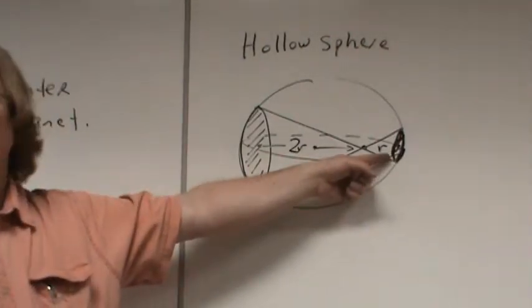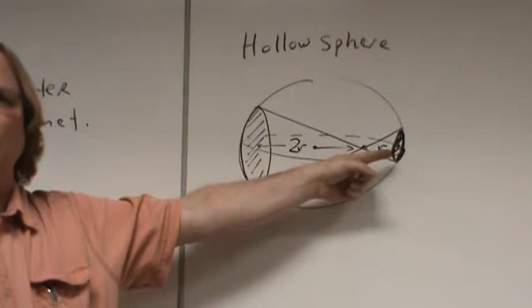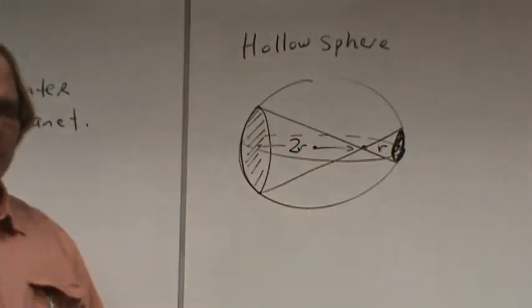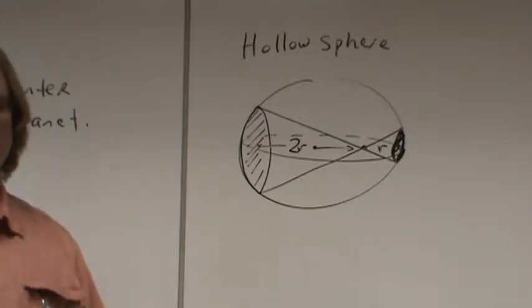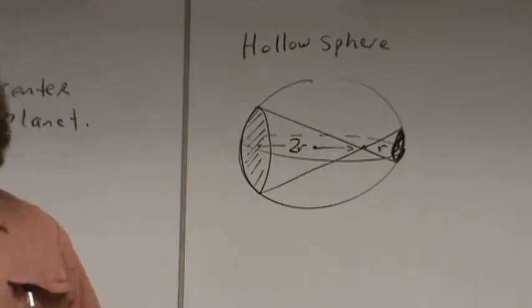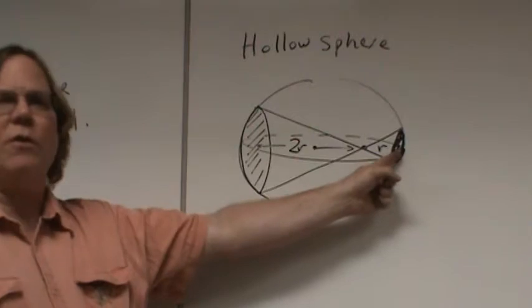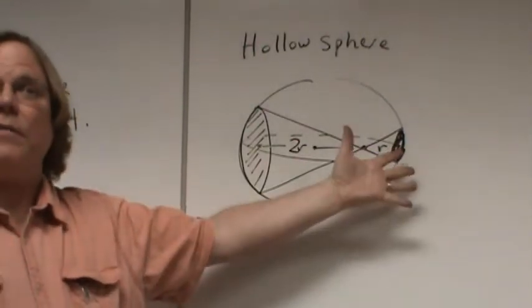This is half the distance, which means by what factor will it exert more force? Inverse square law. How many times? Twice as much? No, because it's inverse square law. Thank you, 4 times as much. So this is going to exert 4 times as much force because it's half the distance.